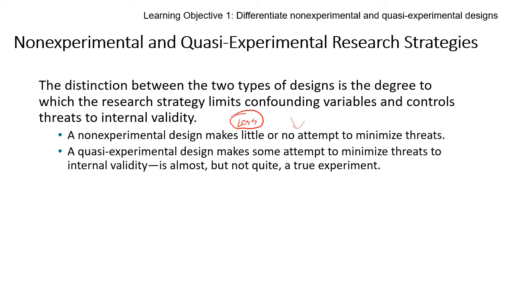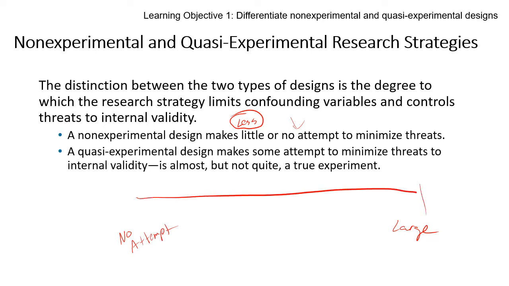So quasi-experimental is going to be a spectrum. You've got your level of no attempt to limit threats to internal validity, up to a large attempt, and we've got this spectrum here. On the no attempt or low attempt side, we've got non-experimental.